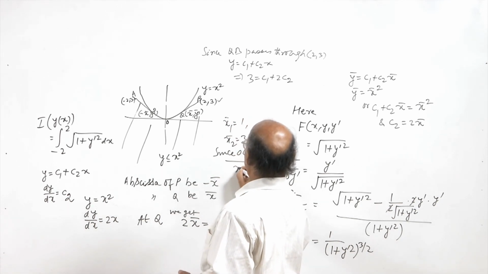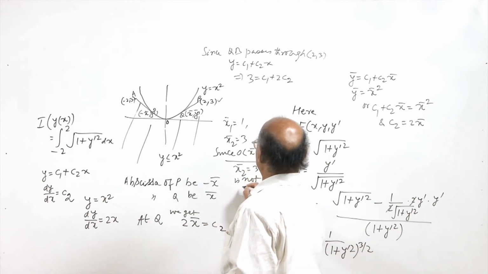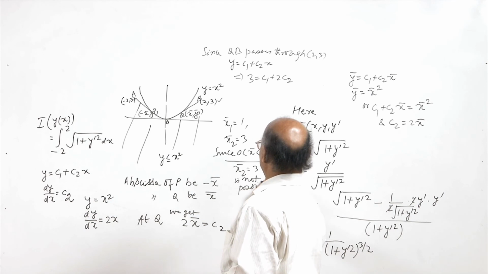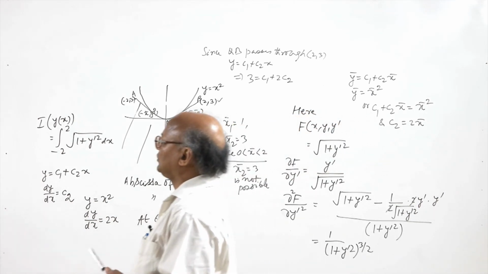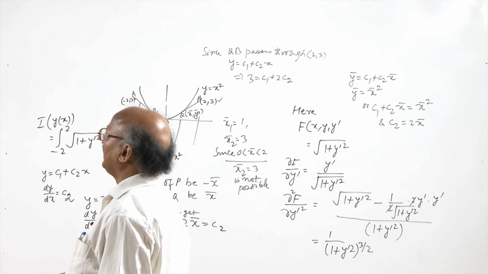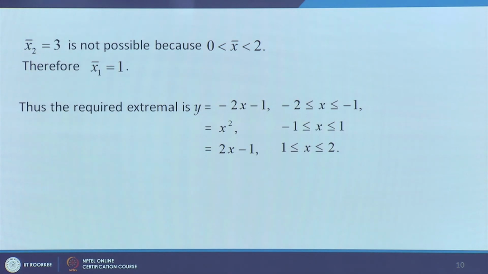So x2 bar equal to 3 is not possible. Therefore, we take x1 bar equal to 1. So we will get the following extremal.